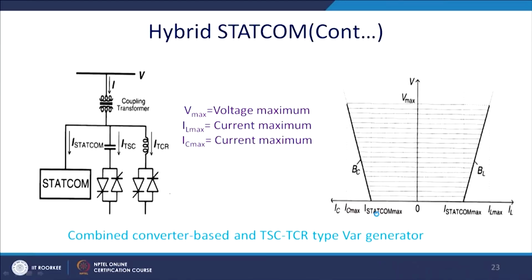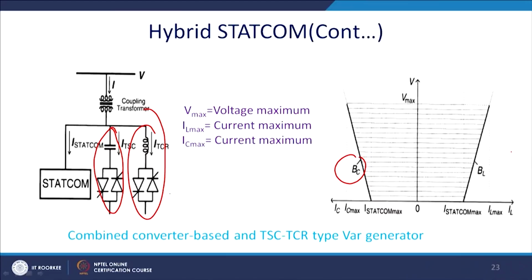So, again to balance it, you can have the Statcom, thereafter a thyristor controlled capacitor, thereafter you can have a thyristor controlled reactor. So, accordingly then you can have a homogeneity, you can see that it is symmetric about the y axis. So, you can have a Vmax value where 0 current flows, and thus you can have the slopes BL and BC, but it will be shifted.